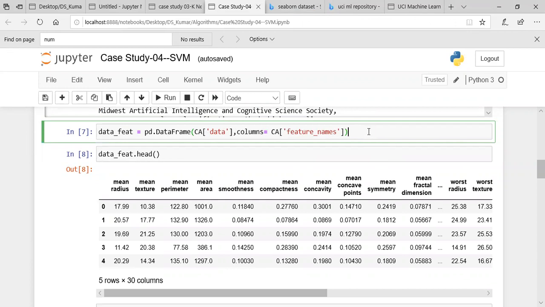This time, in the data frame, I'm making use of all the features I'm having as the data, and I'm having my column names separately as feature names. I need not worry about which are the labels. If you remember, long back, in the concept of the data frame, you can specify your data as well as the index values or column values.